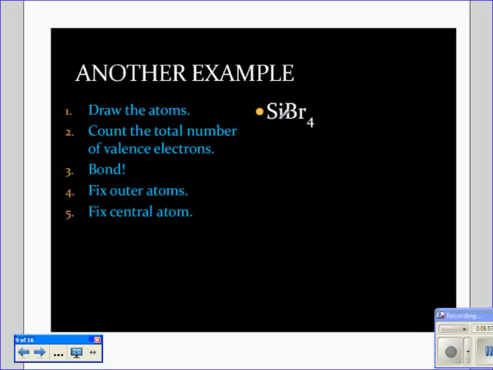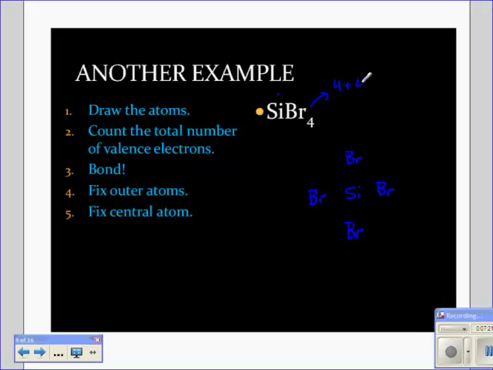The first thing you do is you draw the atoms. I have 1 silicon. I've got 4 bromines. So silicon goes in the middle, and Brs around it. 1, 2, 3, 4. Good. Count your valence electrons. Silicon gives me 4.